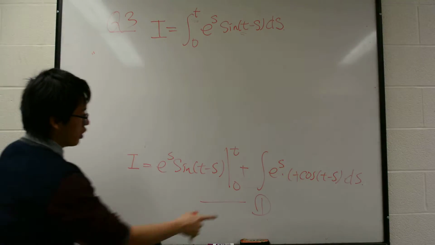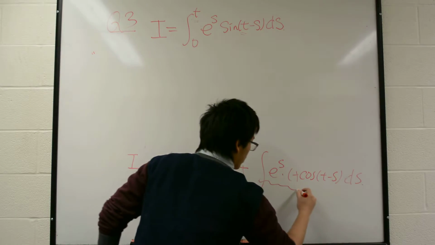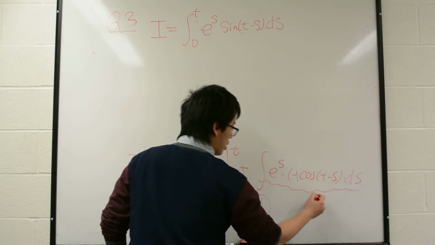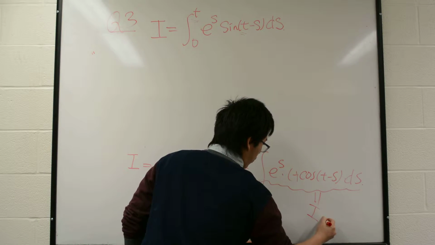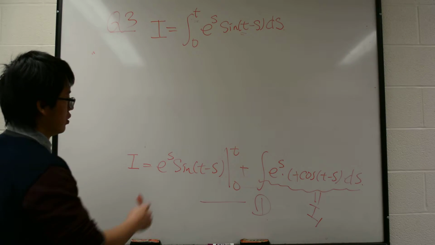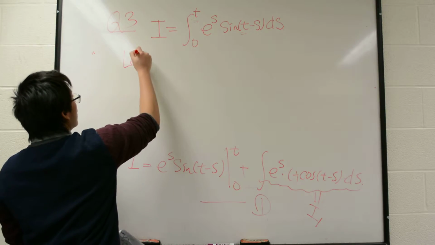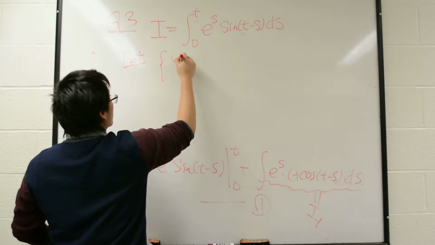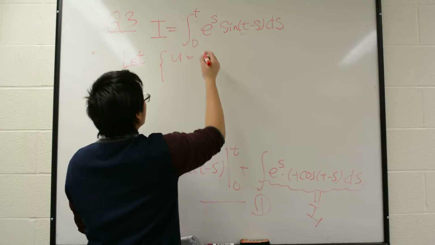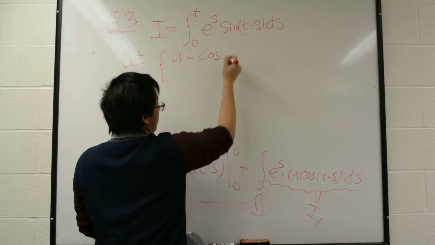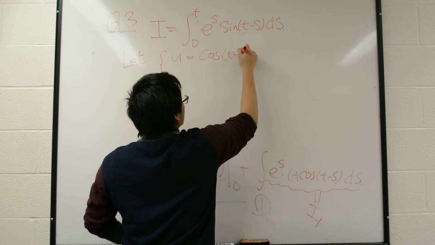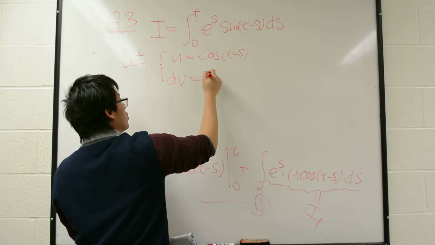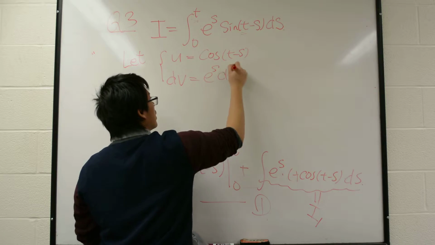So we will integrate by parts again for this part. Let's say this is I1. So we let u equal cosine(t minus s), and again dv equal e to the s ds.